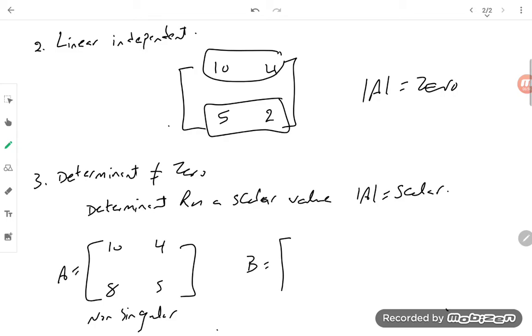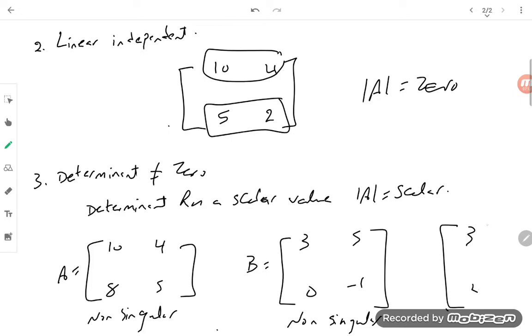And in this case, this is also a non-singular matrix. But this is a singular matrix, so you cannot find the determinant for number C.